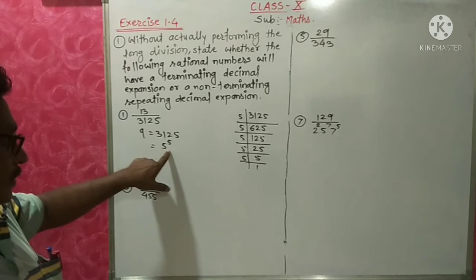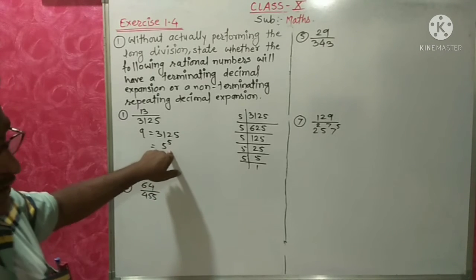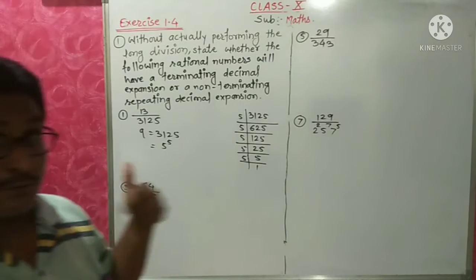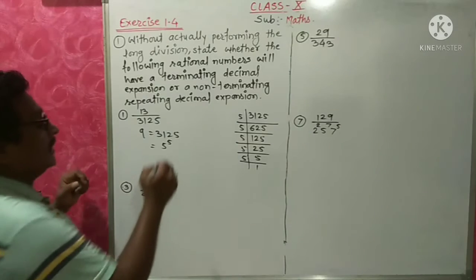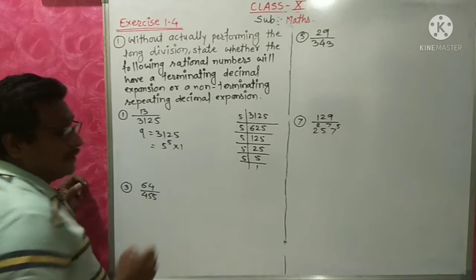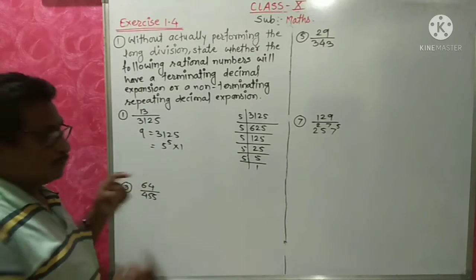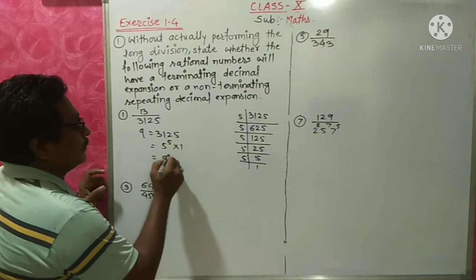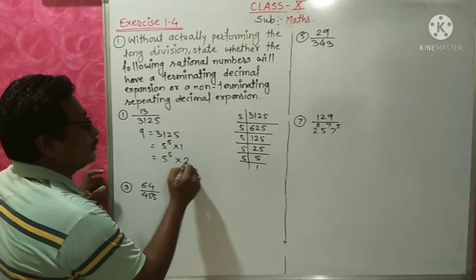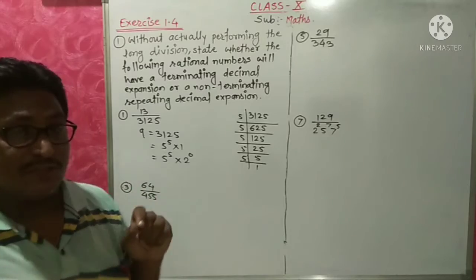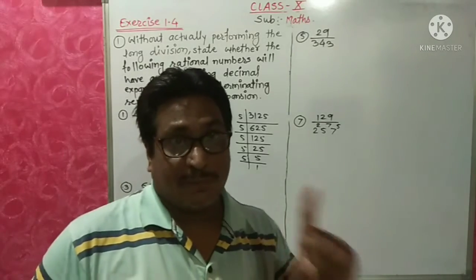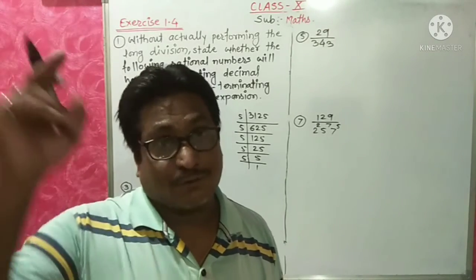Now here what is absent? 2 is absent. So according to the laws of exponents, 1 means a raised to the power 0.